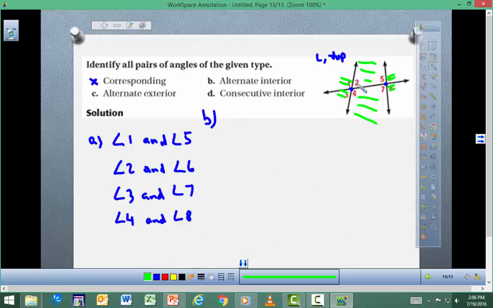If I take 2, I have to take 7 with it because it has to alternate. One has to be on one side of the transversal and one has to be on the other side. So angles 2 and 7. That means 4 and 5 are also alternate interior angles.